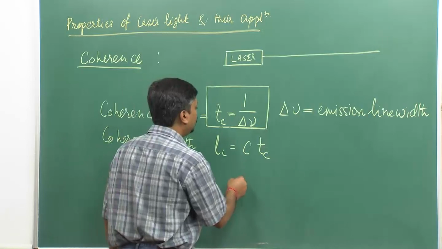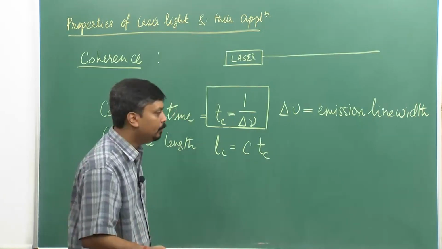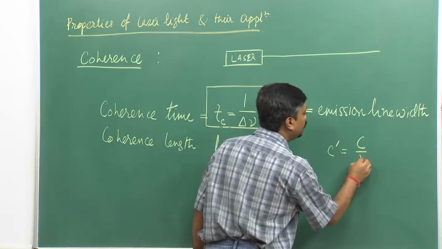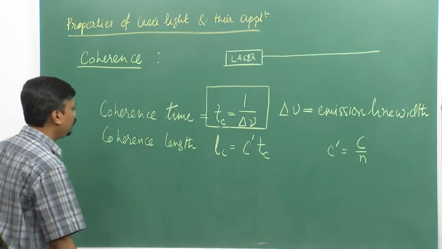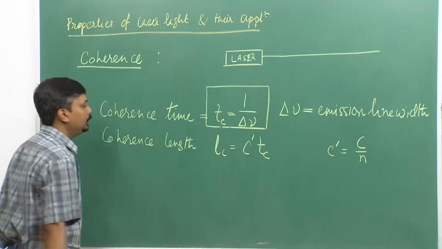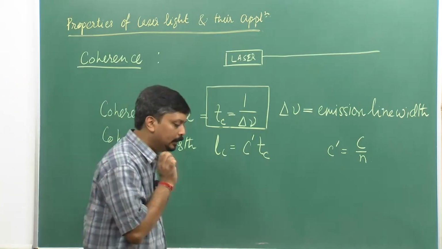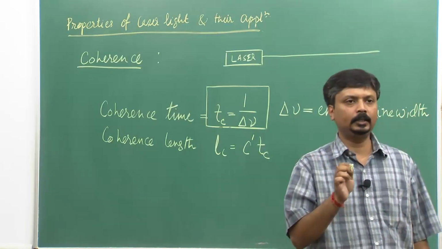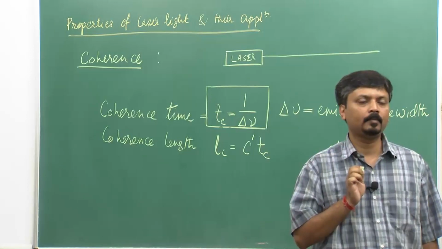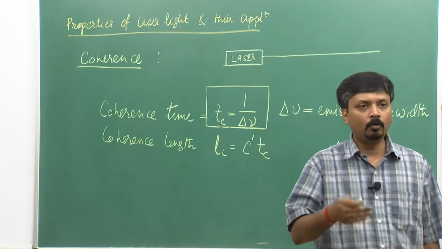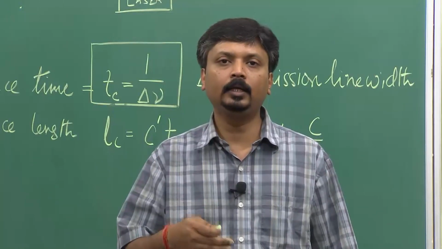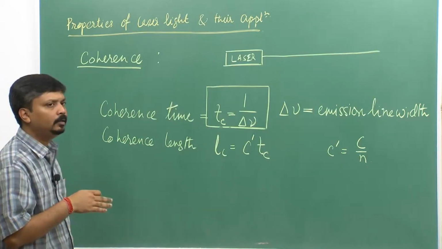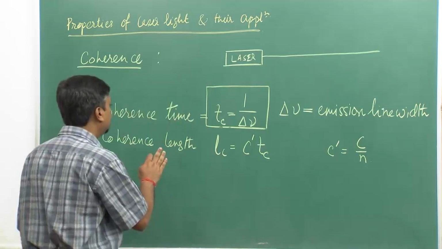To be proper, if we consider the medium, then I can write c prime instead of c, where c prime equals c by n. We have seen this earlier. So what does that mean? This is the length scale such that for any distance shorter than this Lc, we will have the photons correlated in terms of their phases. So these are the two terms that we will need to know, and that is why I am mentioning them.